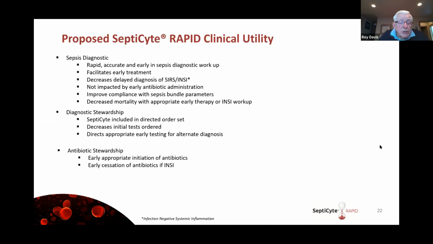From an antibiotic stewardship standpoint, it allows one to initiate early appropriate antibiotics in those patients who are suspected of high probability of sepsis. And in those patients who have infection-negative systemic inflammation, one can consider early cessation of antibiotics, resulting in a decreased long-term use of antibiotics in inappropriate cases.